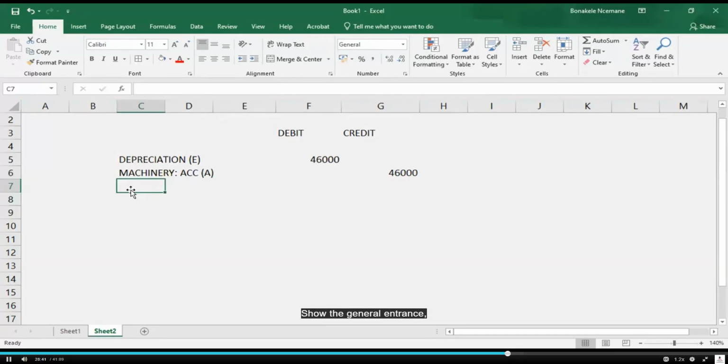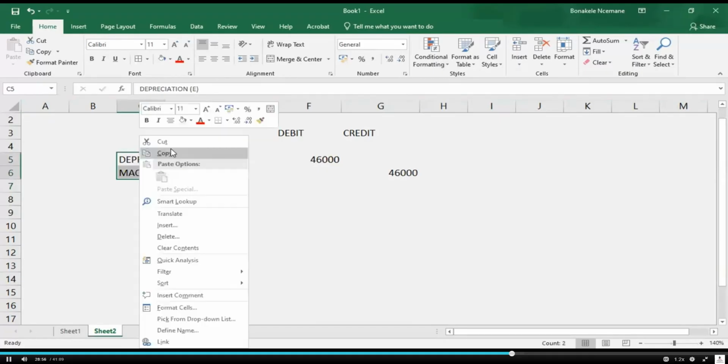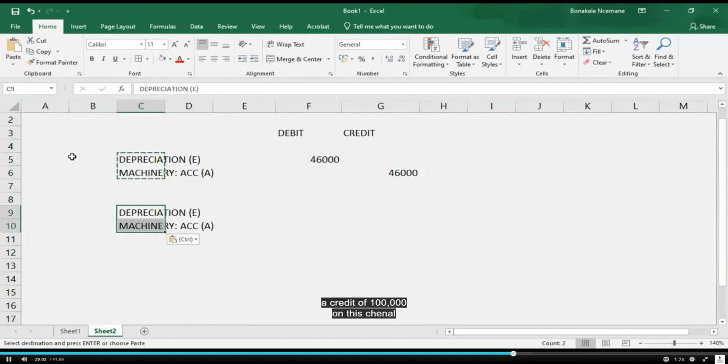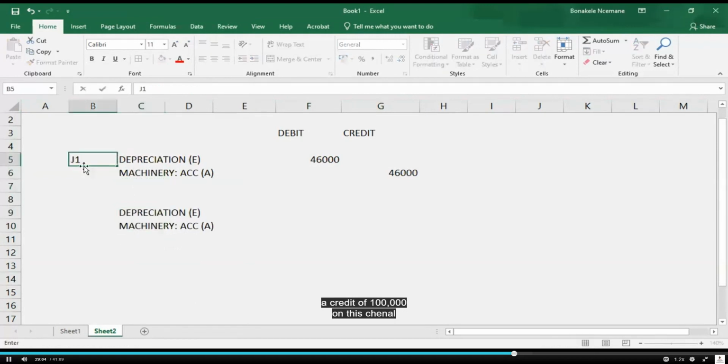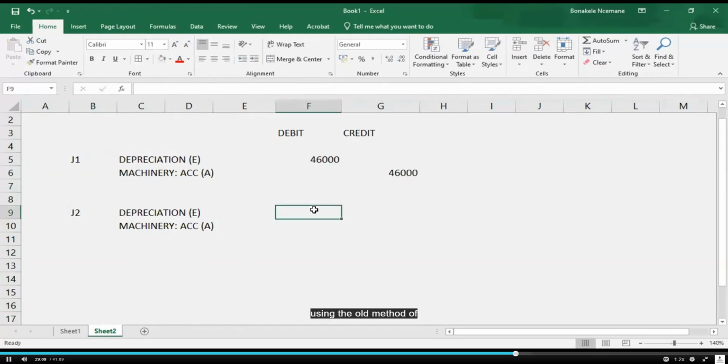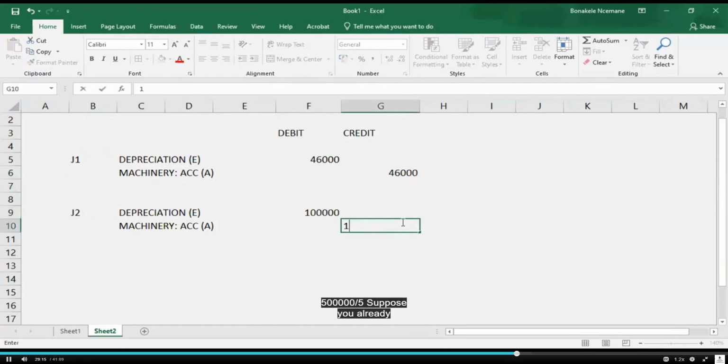This says show the journal entries assuming that depreciation had already been processed. Which means there was already a debit of 100,000 and a credit of 100,000 on this journal using the old method of 500,000 divided by 5.